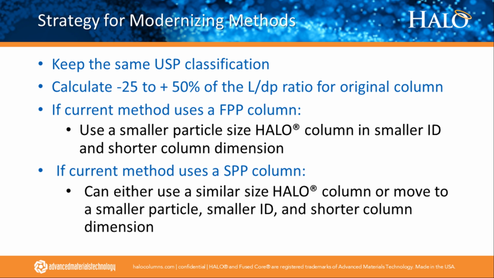And then if the current method uses a fully porous particle column, you'd want to use a smaller particle size Halo column in smaller ID and shorter column dimension. If the current method uses a SPP column, you can either use a smaller size Halo column, or a similar size Halo column, or move to a smaller particle, smaller ID, and shorter column dimension.